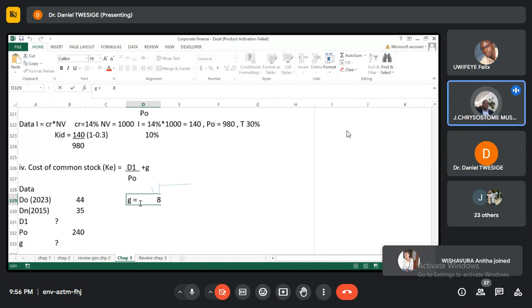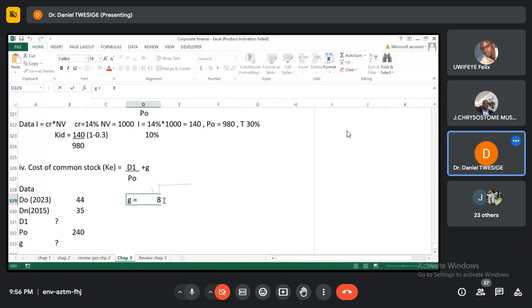We take n minus 1, so it is 7. 2023 minus 2015 is 8 when 2015 is included, so we take 8 minus 1, which is 7. So 44 divided by 35, then minus 1. And you get what?